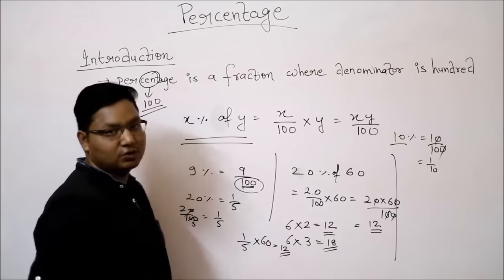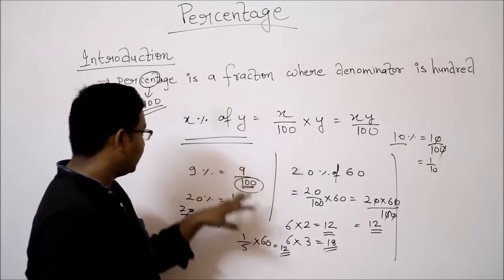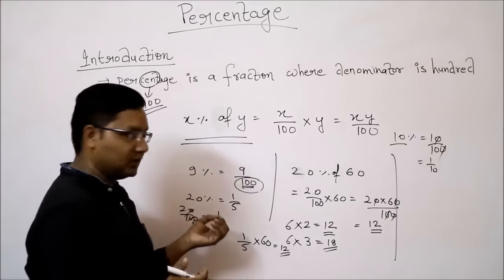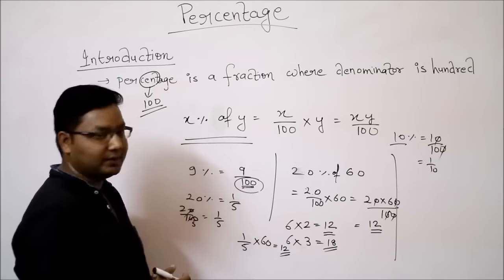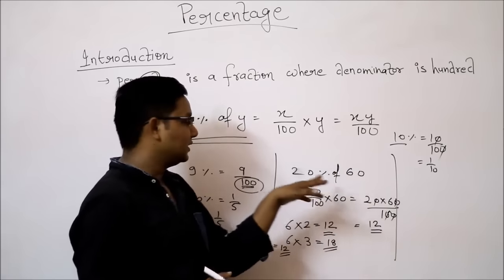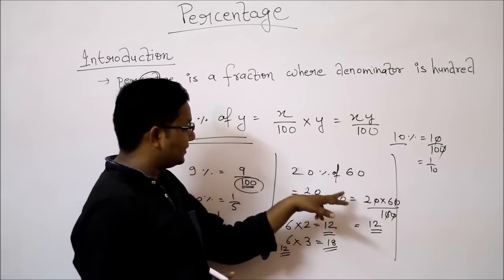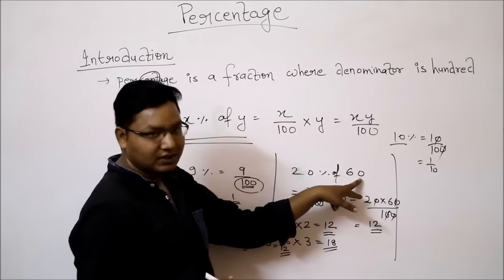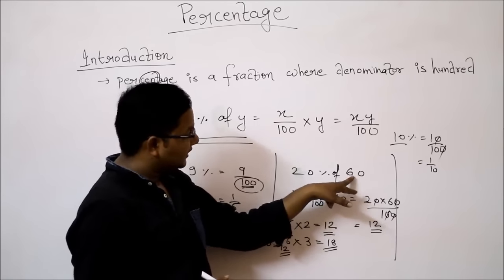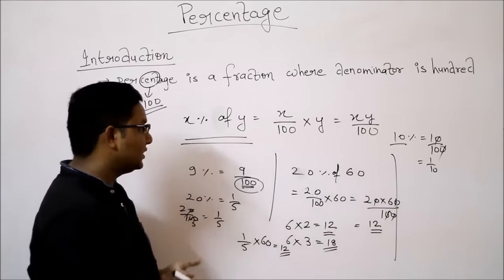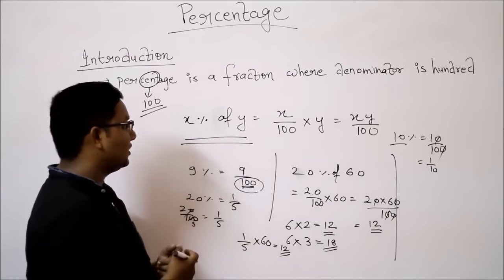So there are three approaches. The traditional way, which you always do, takes a long time. Second, divide the percentage into parts, like 10% plus 10%: calculate 10%, 10% of 60 is 6, and 6 into 2 is 12. Another is using fractions. These are the simple ways of calculating percentage.